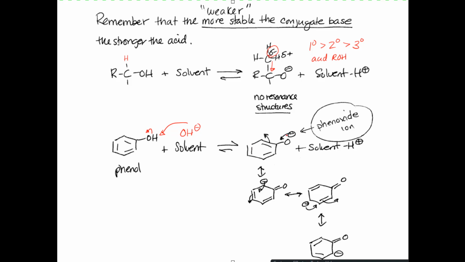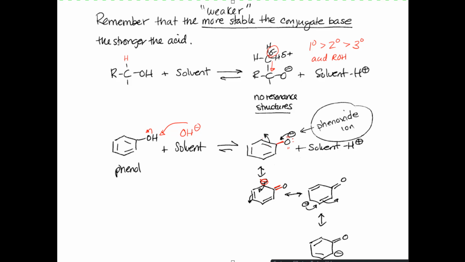So what happens when you have an anion is that I have this O minus. I have 3 lone pairs on the oxygen, which gives it a negative charge. If I take one of those lone pairs and use it to form a carbon-oxygen double bond, I've got to break this carbon-carbon double bond and give that pair of electrons to this carbon. So I can form a double bond to that oxygen, but then this carbon now is going to pick up a pair of electrons and become negatively charged.